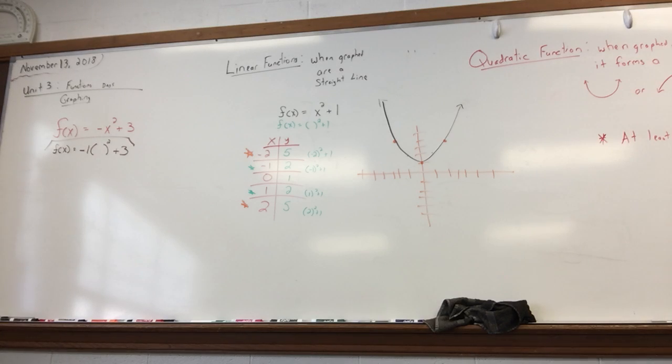Over here on the left, upper left: y equals negative one times x squared plus three. So negative 2 times negative 2 is what? Negative 4 plus 3. That was a negative 1. 4 times a negative 1, plus 3.